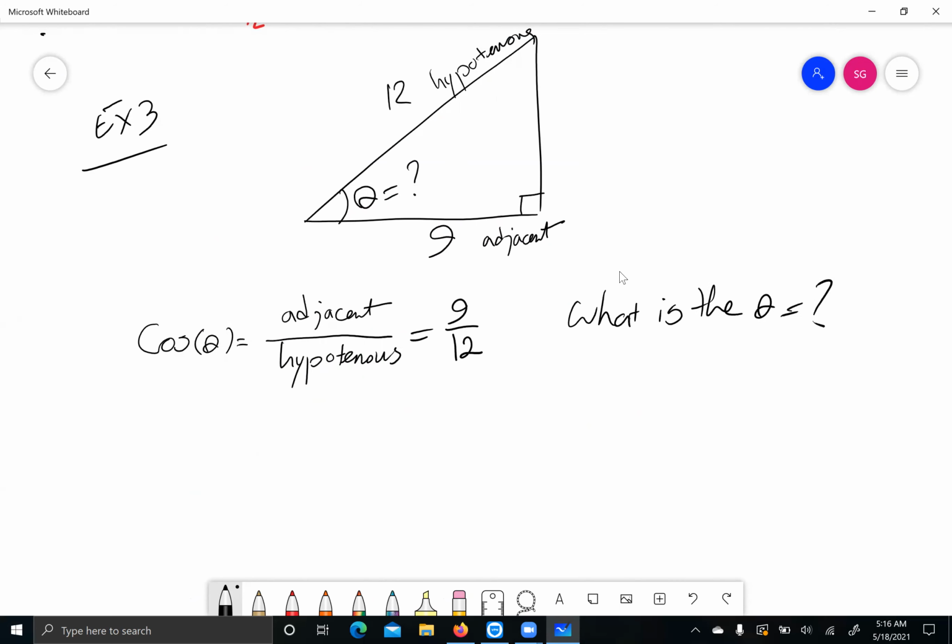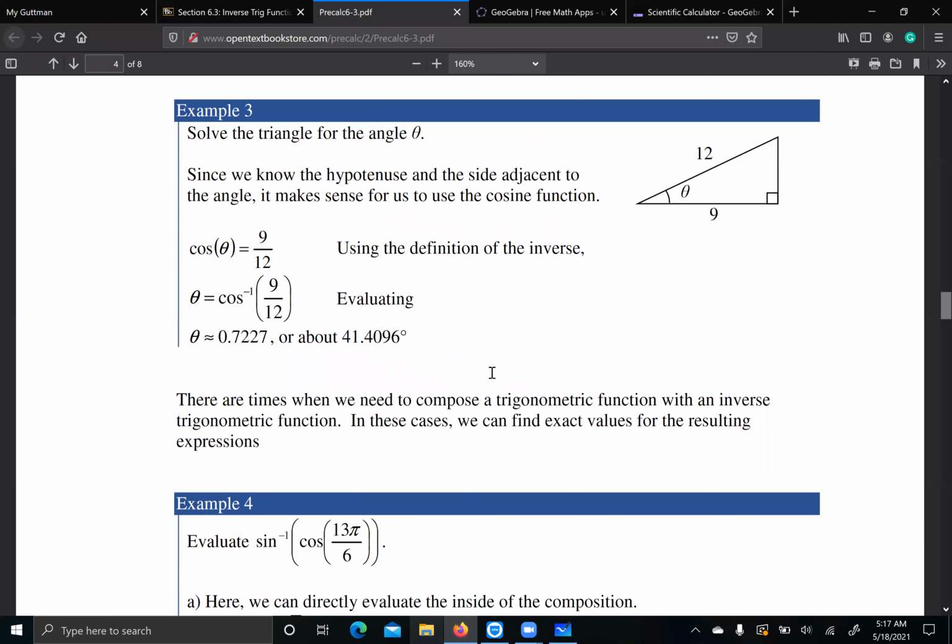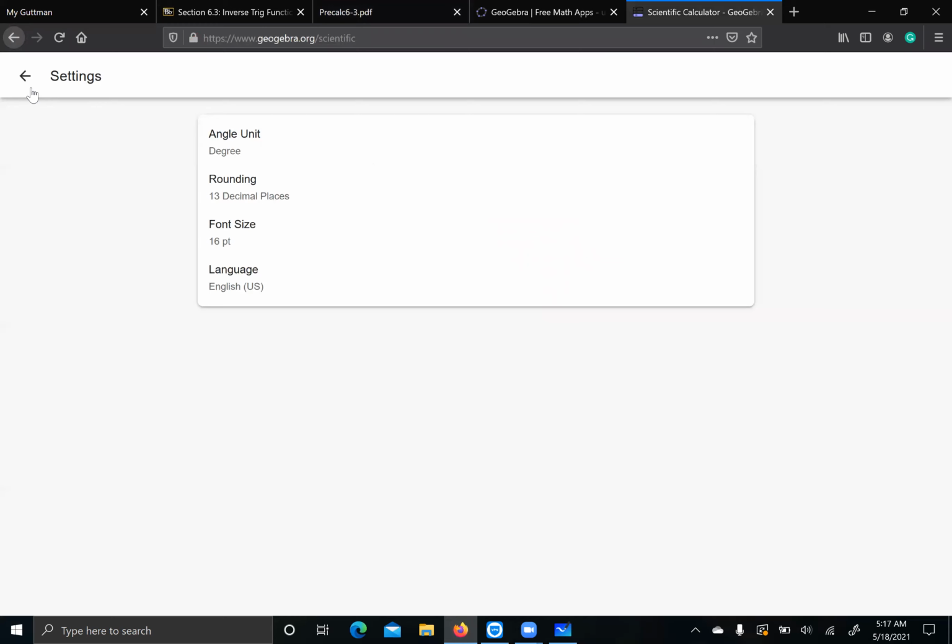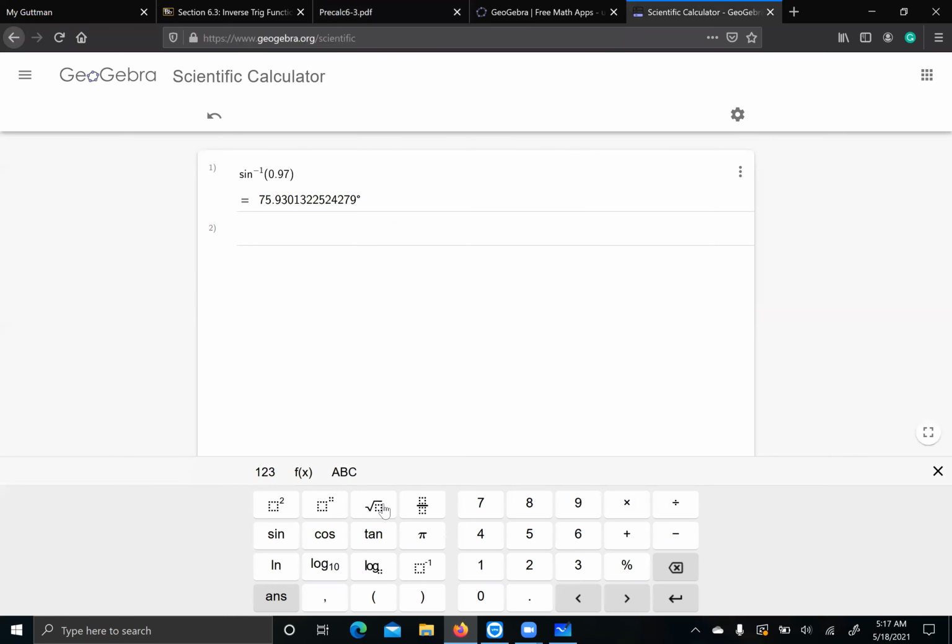So theta is the cosine inverse of 9 over 12. You can use your calculator. Theta is the cosine inverse of 9 over 12. That's it.